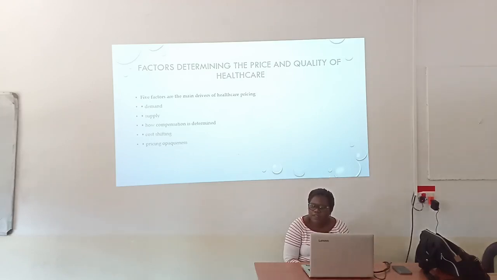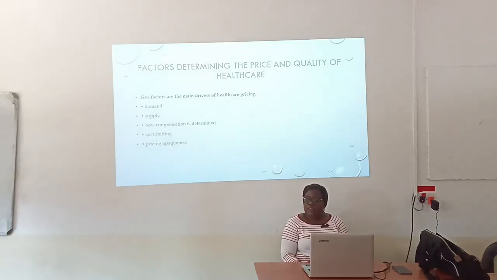So in health, we mean that the cost shifting might occur because of different healthcare delivery systems. So we look at conventional Western medicine, right? And then we look at traditional medicine, and then Chinese medicine. So this can cause price or cost shifting, and also pricing opaqueness.